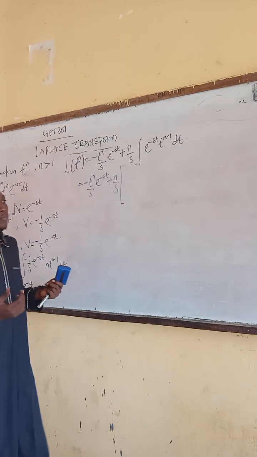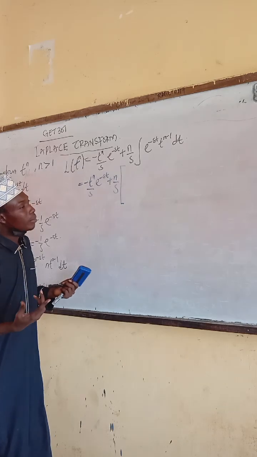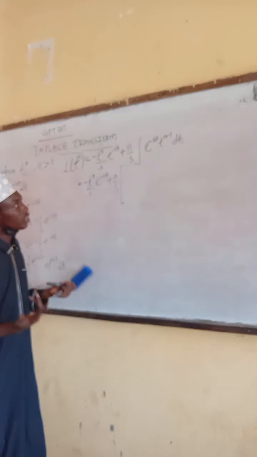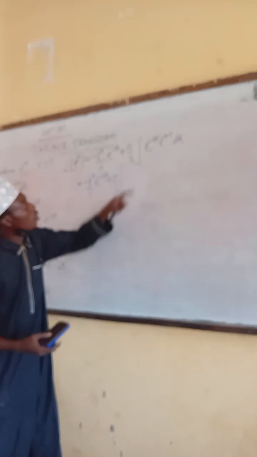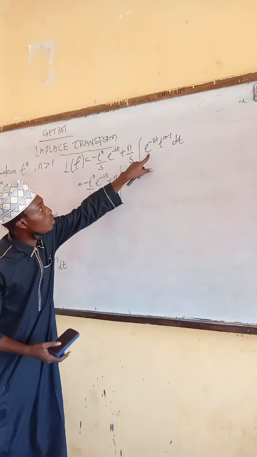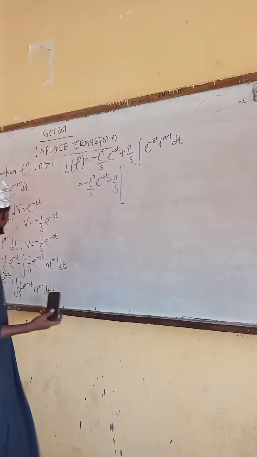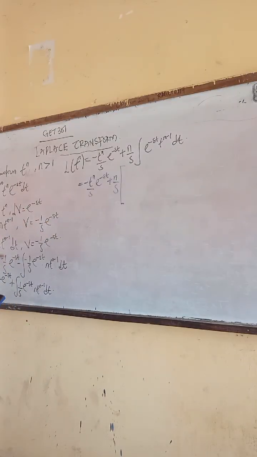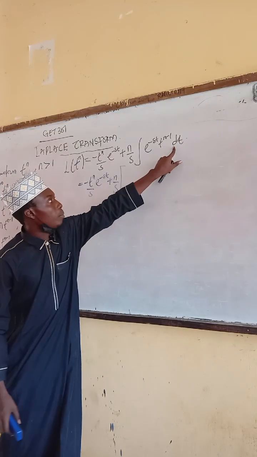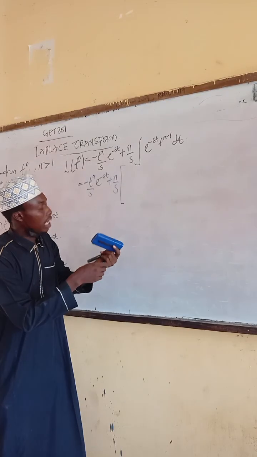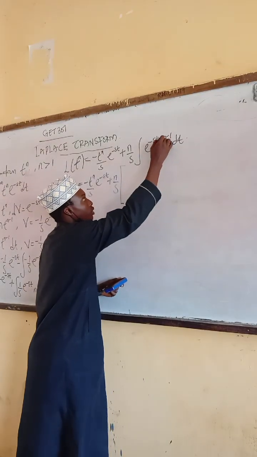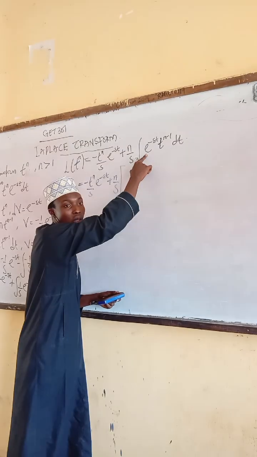My integration says uv minus integral of v du. Now where is my u? My u is t raised to power n minus 1. I'm doing it directly, without saying u equals something and v equals something. My u will be t raised to power n minus 1, and the v will be e raised to power minus st.